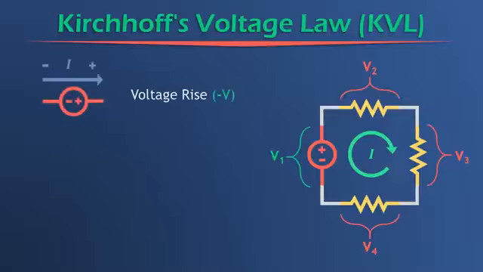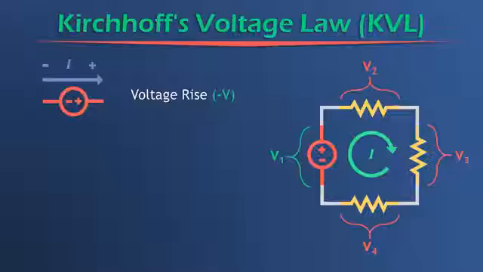And now, if we were to go through a voltage source from negative to positive, as we would since we're going in the clockwise direction, then we are experiencing a voltage rise. And interestingly enough, a voltage rise in a KVL equation by convention is actually a minus V. It's kind of weird. So in the KVL equation, this would be minus V1.